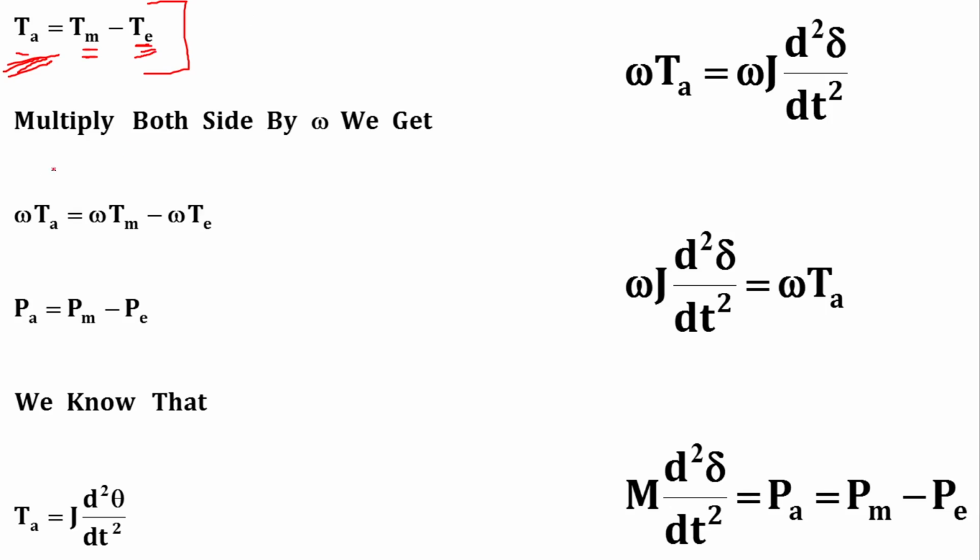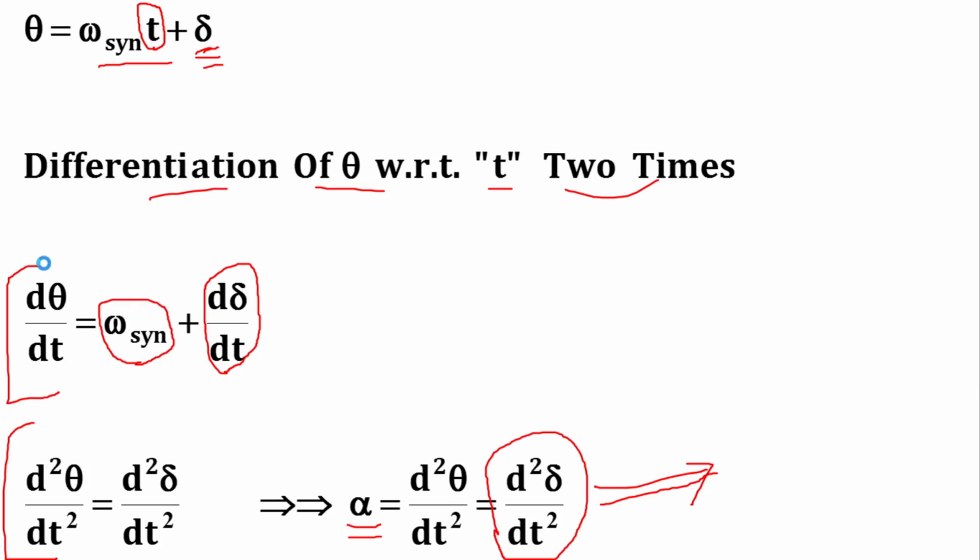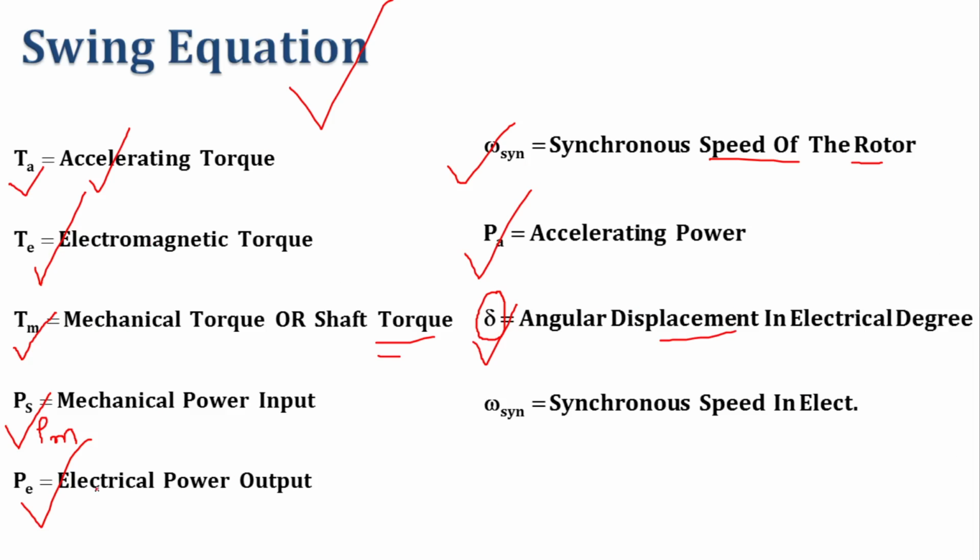So now let us multiply this equation by omega. So omega into Ta is equal to omega into Tm minus omega into Te. Now omega into Ta is equal to Pa, the accelerating power.